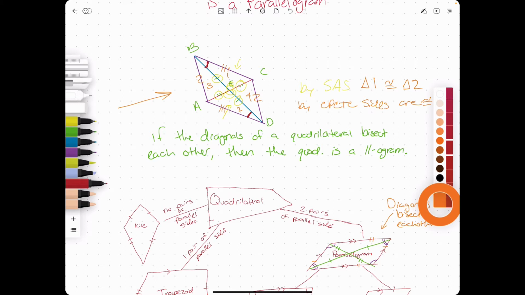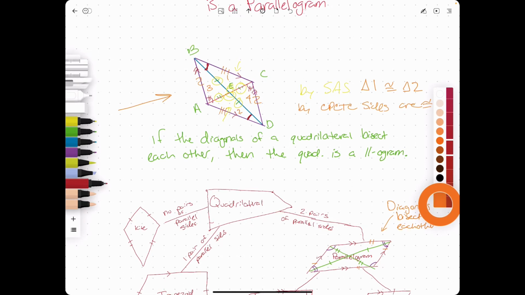They're congruent by CPCTC. Since alternate interior angles are congruent, then the top and bottom lines are parallel. You could do the same thing with the other sides, saying that these angles here are alternate interior angles that are congruent by CPCTC. Therefore, those sides are also parallel. So we have proven that this is a parallelogram, meaning that opposite sides are parallel.